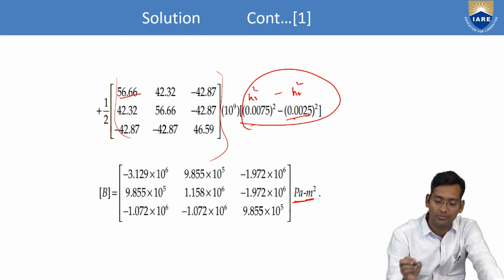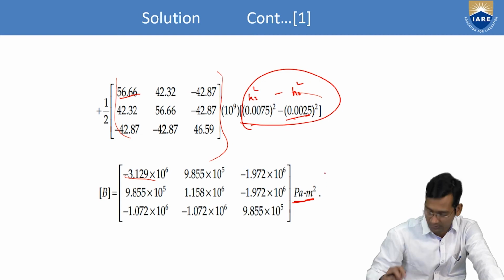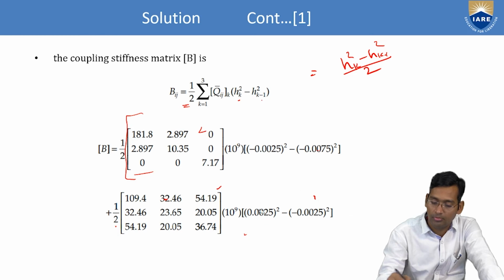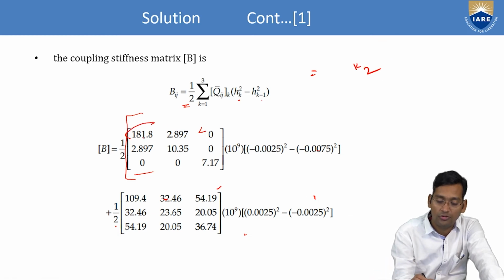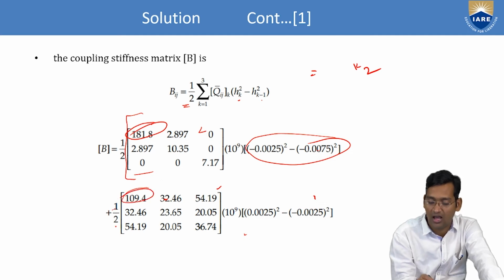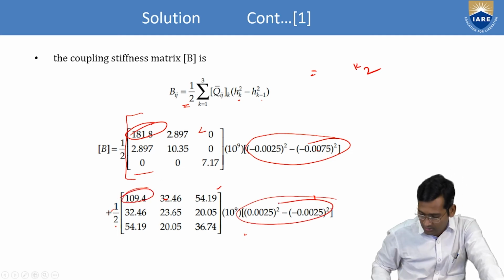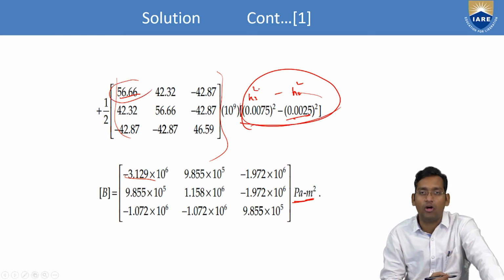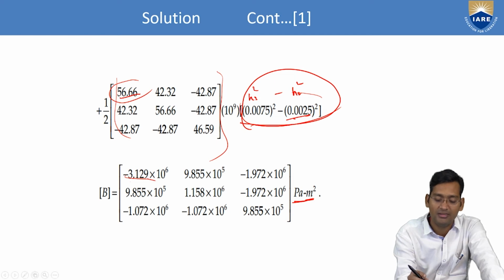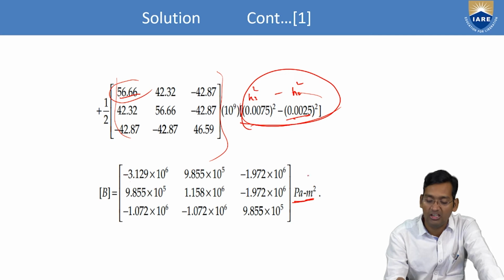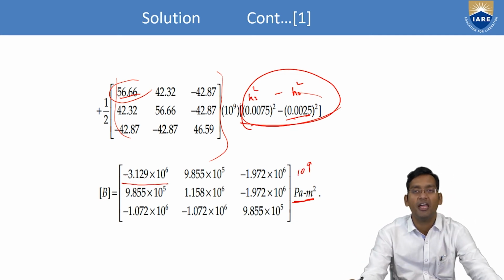So this into this one plus this into this one, with this half into this one plus this into this one. Once you add all three, you will get minus 3.129 into 10 to the power minus 3. So after multiplying by 10 to the power 9, that becomes minus 3.129 into 10 to the power 6.